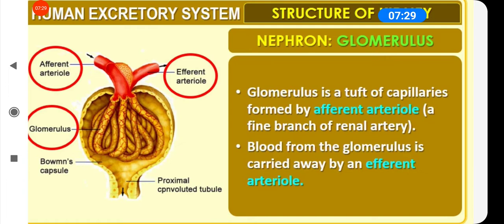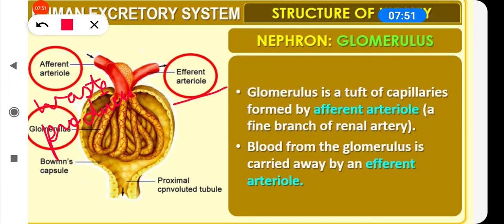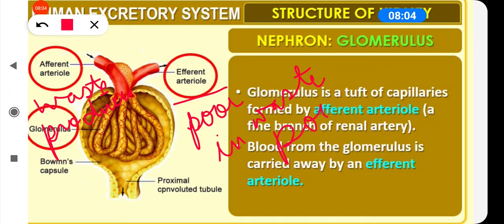The very important point which I am going to explain now is that the afferent arteriole is rich in waste products. We will be filtering these products only through these nephrons, and the efferent arteriole is poor in waste products. That is why it can enter the heart later on. It means, where has that waste gone?